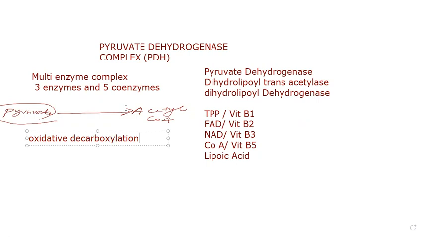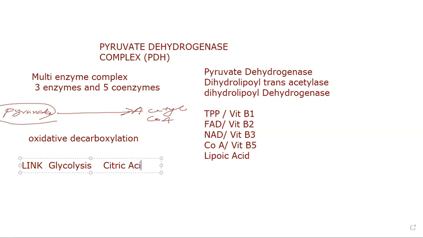So this step, pyruvate to acetyl CoA, is a link between glycolysis and the TCA cycle or the citric acid cycle.